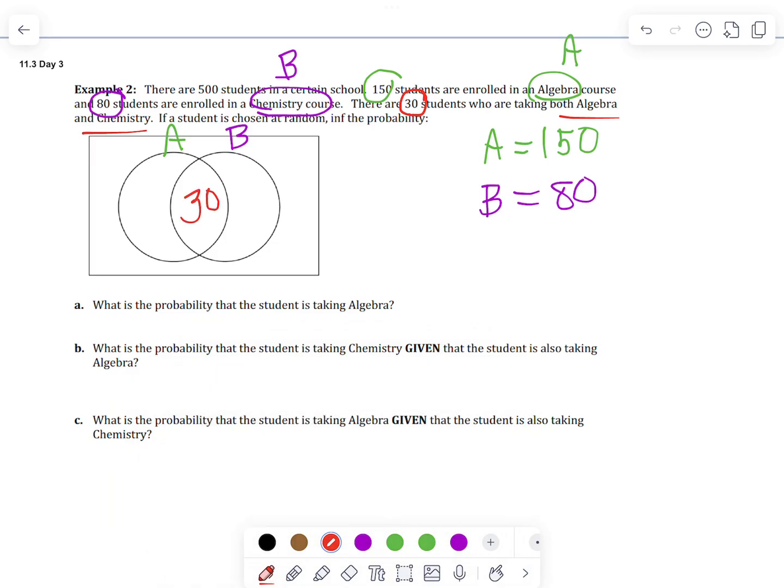So we're going to go ahead and complete the rest of the Venn diagram. We said this entire circle has to be 150, and we already have 30 inside. So to get this piece here, we would take 150 minus 30, so 120 students are just taking algebra.